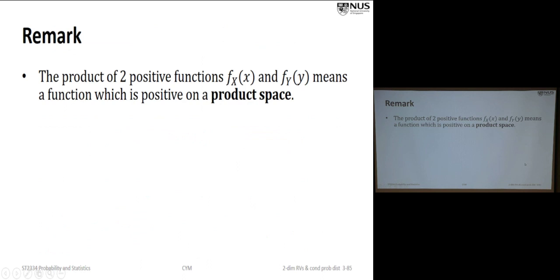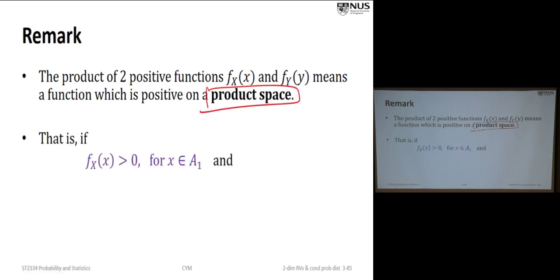And one important point, something called product space. What does that mean? It means that if f of x is bigger than 0 over a certain region, I just call it A1. It can be from 0 to 1, or can be from 0 to infinity, can be from minus infinity to infinity.